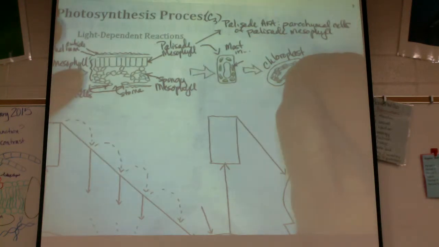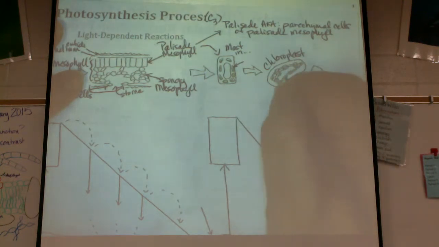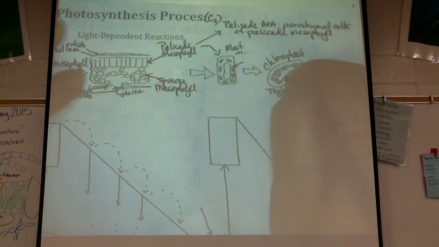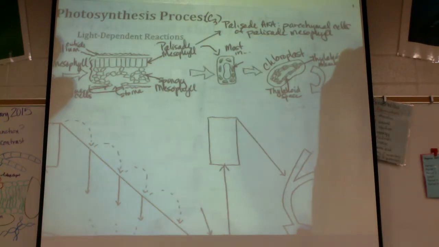You have these little things right here. Inside these little sacs is that itty bitty living space again, the thylakoid space, inside a thylakoid sac, which is made up of thylakoid membrane.